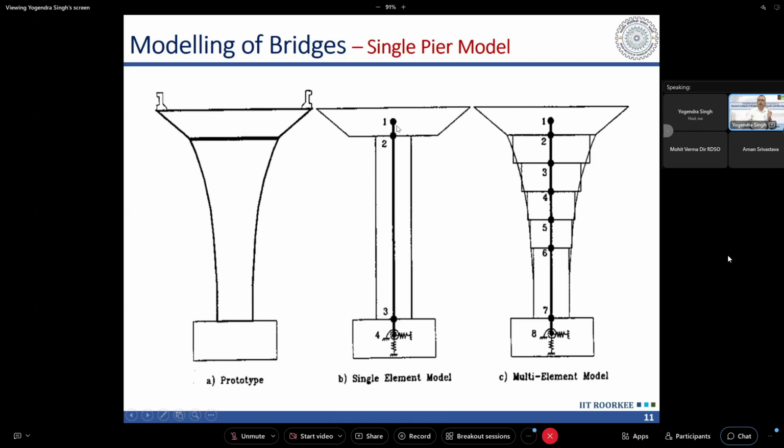So how is the mass lumped? It consists of the mass of the pier cap plus some portion of the pier, roughly 50% of the pier mass, which we can also lump here. Then it also consists of the mass of the superstructure. How the mass of the superstructure will be contributed to a pier will depend upon the bearing arrangement.